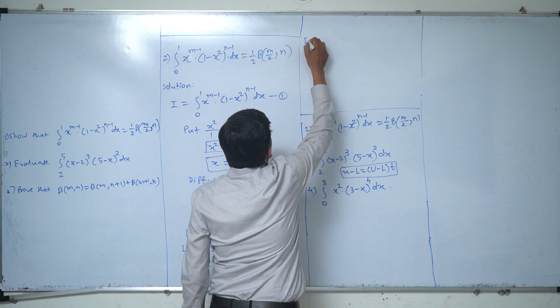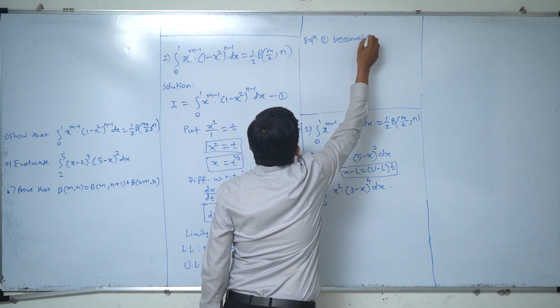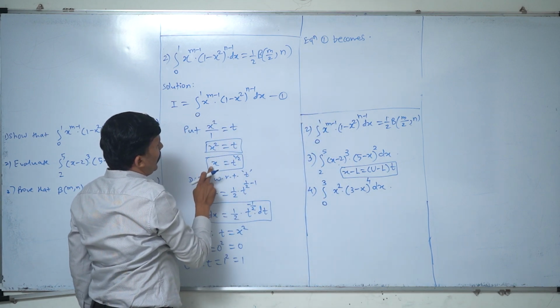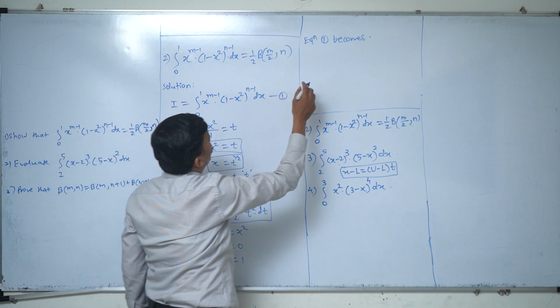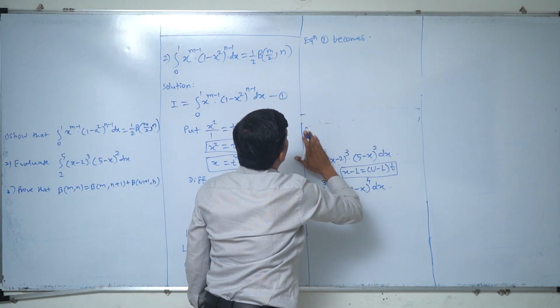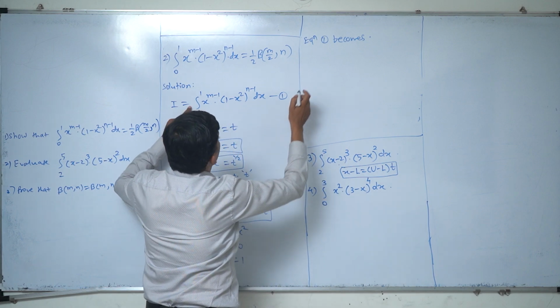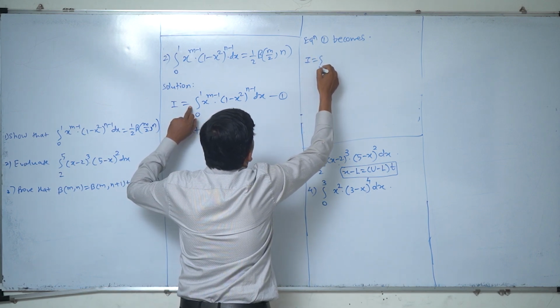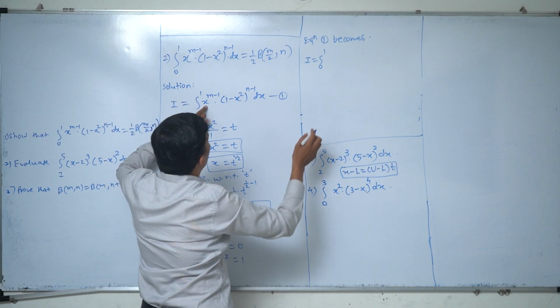Then equation 1 becomes, if you substitute all these values, x square, x, dx and limits in equation 1, integral 0 to 1, x, but value of x is t raised to 1 by 2.